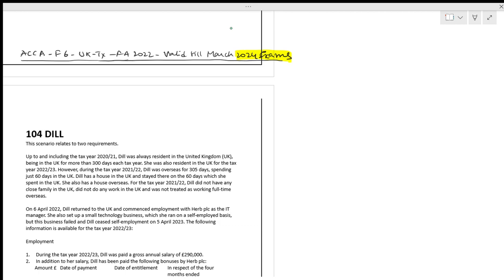Okay, this is with respect to section C. You know section C consists of 3 questions, two 15-mark questions and one 10-mark question, and basically it comes from income tax, corporation tax, and capital gains tax.